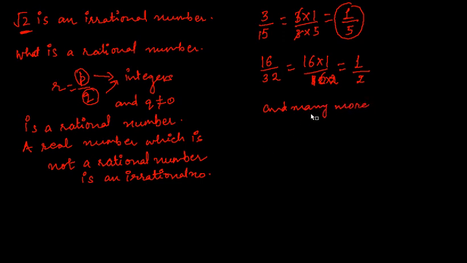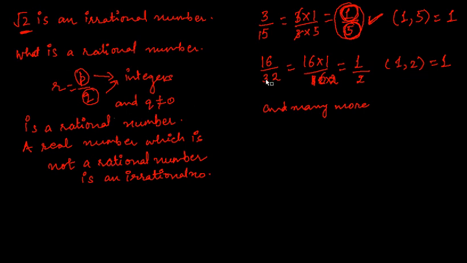Now you can see, what is the greatest common factor between 1 and 5? Nothing but 1. Therefore GCD of 1 and 5 is 1, and GCD of 1 and 2 is again 1. So you can always write a rational number in the form of p upon q, where GCD of p and q is 1. This is called the standard form of that rational number.